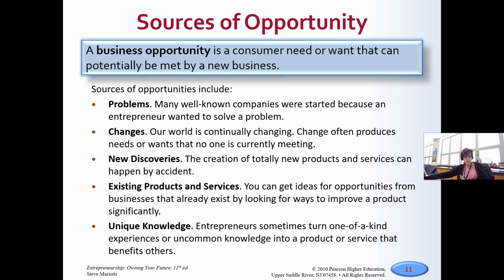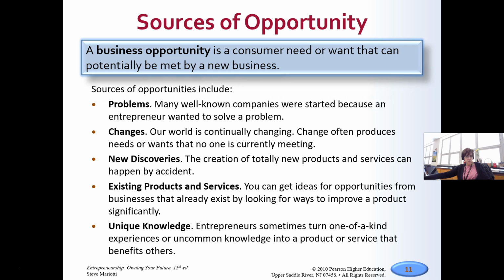So existing products and services, you can get ideas from things that already exist, and then take those ideas and find a way to improve those ideas or those products, and then come up with something new. The example that you have in your book that I asked you to look at was the earthquake nails.